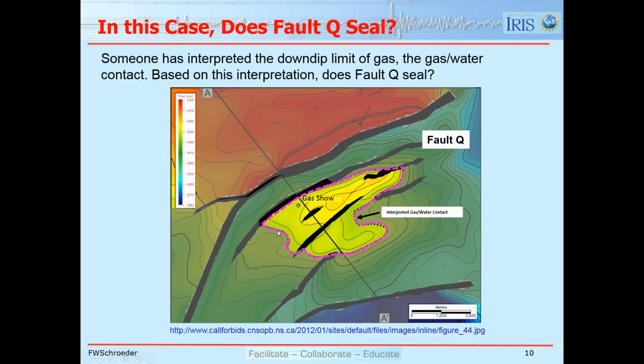And the way it's drawn, because these contours run into the fault, this fault Q and this fault as well would have to seal gas. If the fault Q allowed hydrocarbons to leak, at least on a geological time frame, then the red contour would be the maximum extent that the gas could occupy within this particular trap.